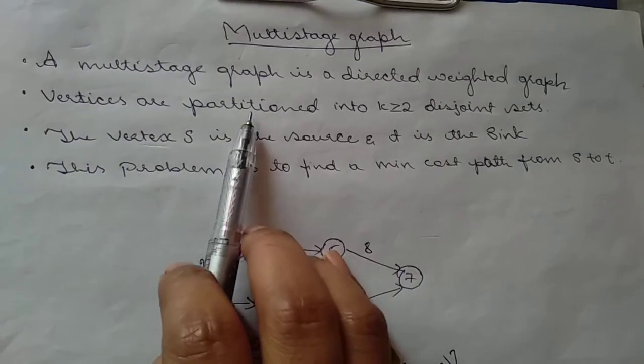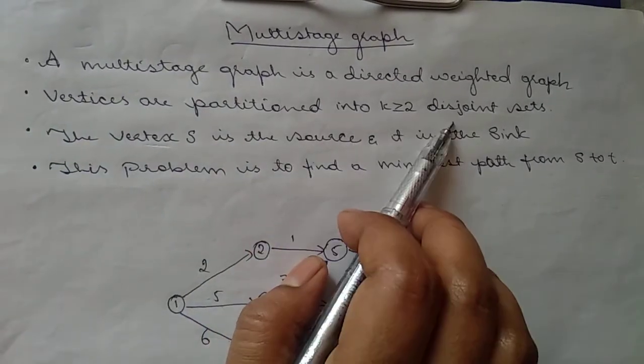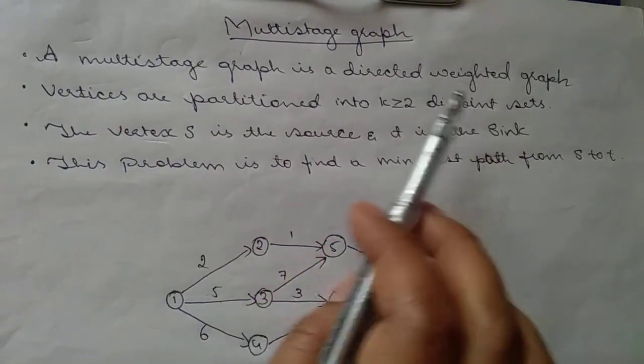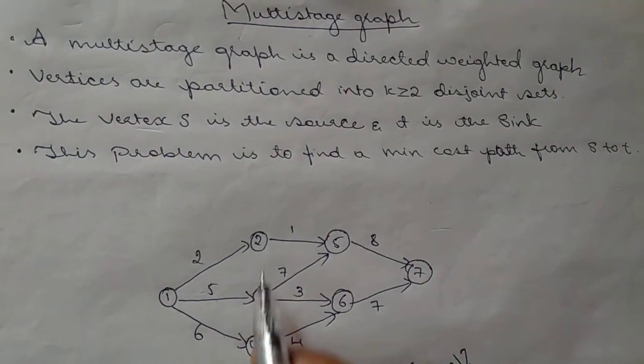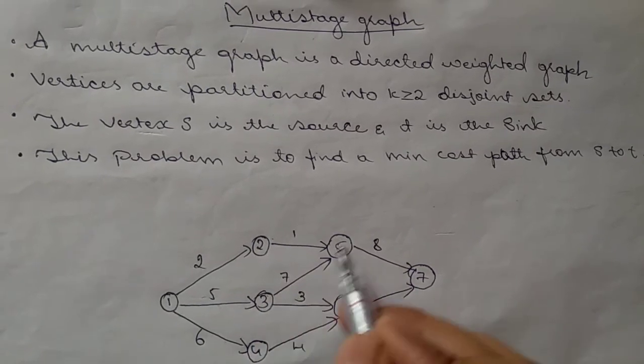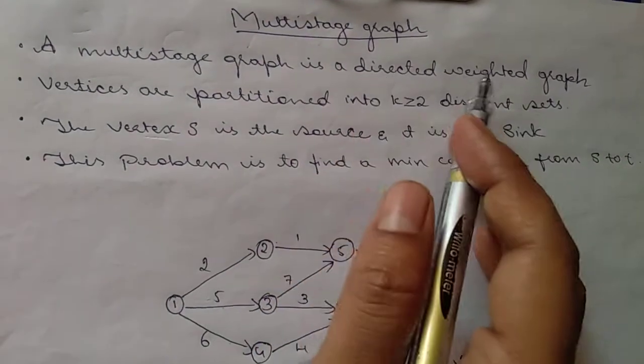And here the vertices are partitioned into k greater than or equal to 2 disjoint sets. Means each vertex you can partition. See here, 1 is partitioned into 3, 2 only 1, 3 it is 2. Like that it can be partitioned.